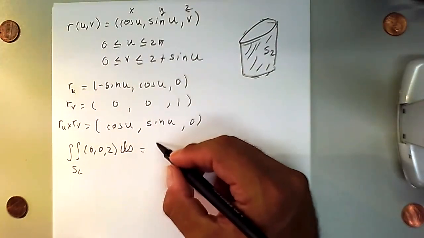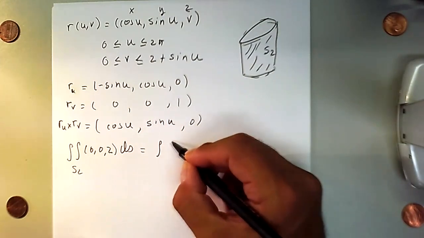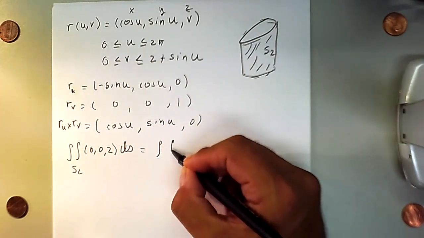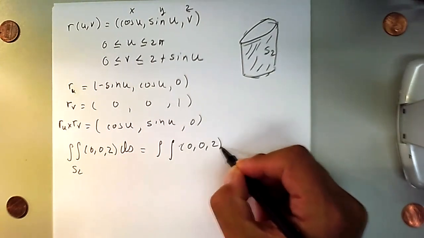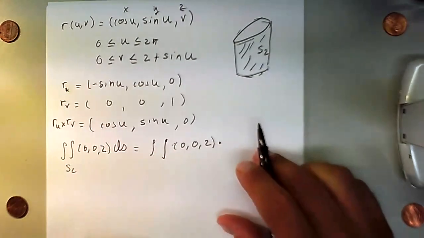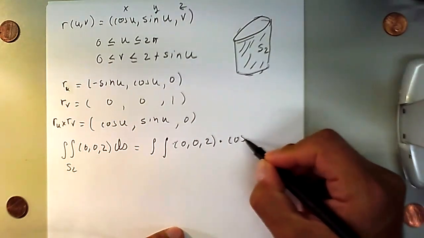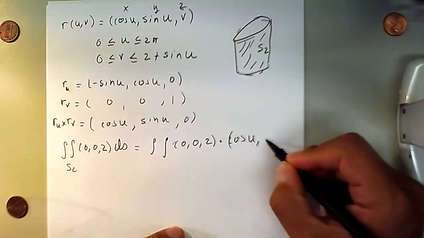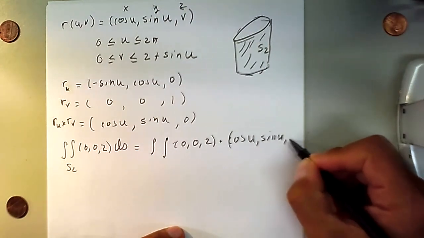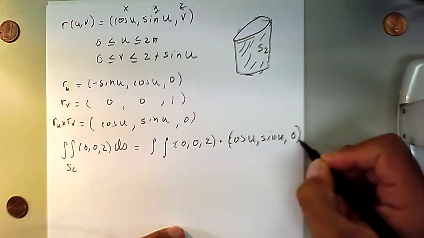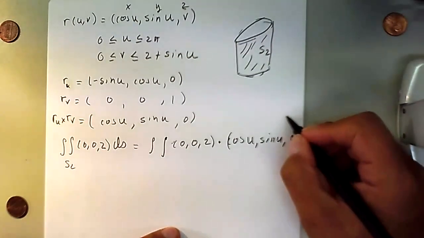is the double integral of 0, 0, 2 dotted with cosine of u, sine u, 0, and I don't have enough space to put the differential.